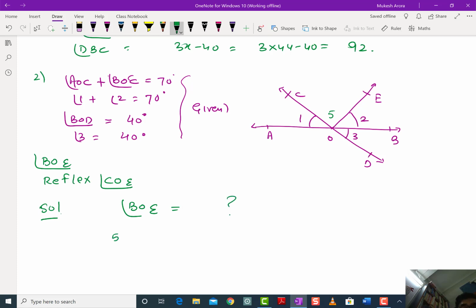So we will write angle 5 plus angle 2 plus angle 3 is equal to how much? 180. Linear pair.